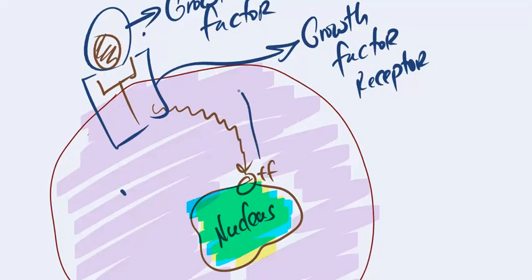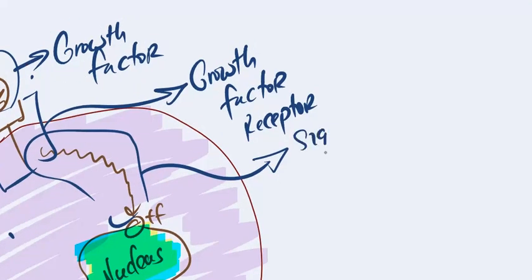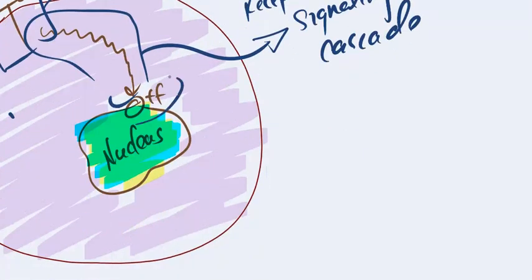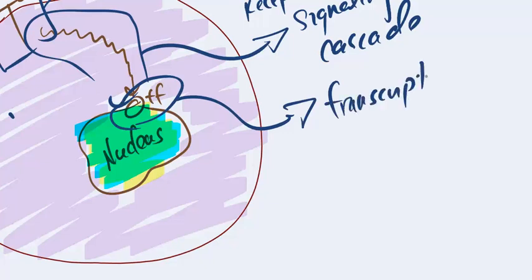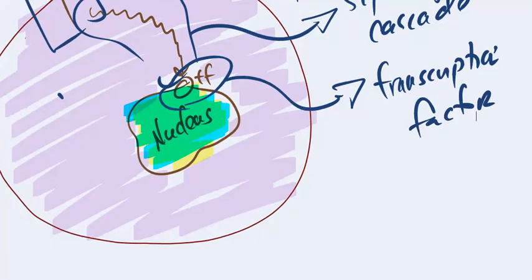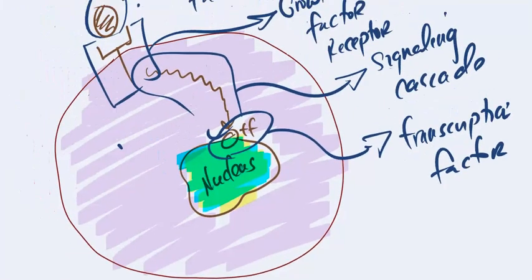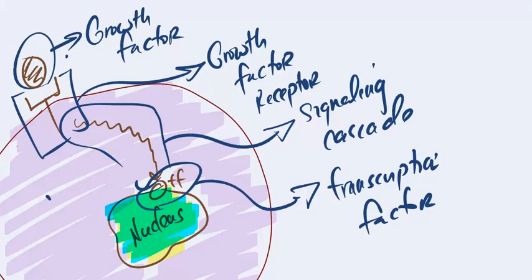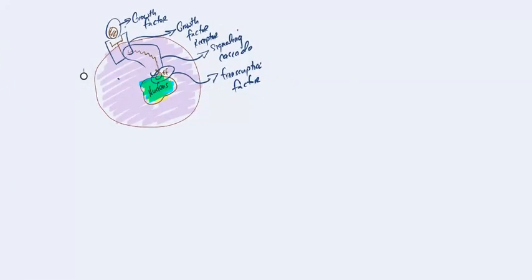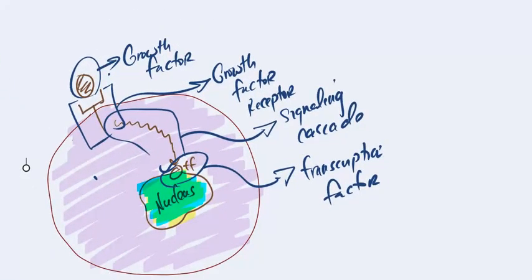This will be representative of the signaling cascade. And this little ball here is representative of your transcription factor, and it goes to the nucleus. So things can go wrong at any of these points here.